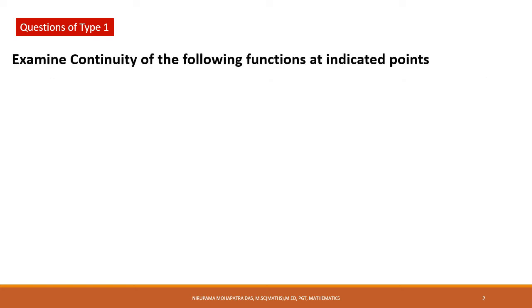So I have taken here 3 types of questions, and questions of type 1 are like: examine continuity of the following functions at indicated points. So we have to examine continuity of the function. It means we have to say whether the function is continuous or discontinuous.